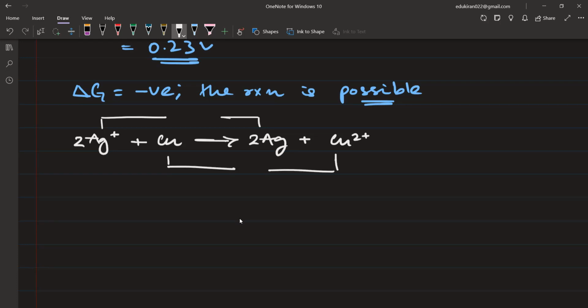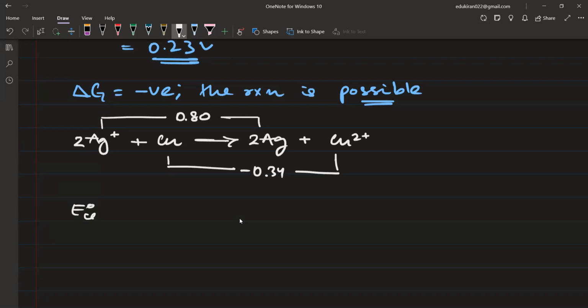So Ag plus to Ag will give how much? 0.80 volts, and this is going to require energy, right? Copper 2 positive, this will be what? Minus 0.34 probably.